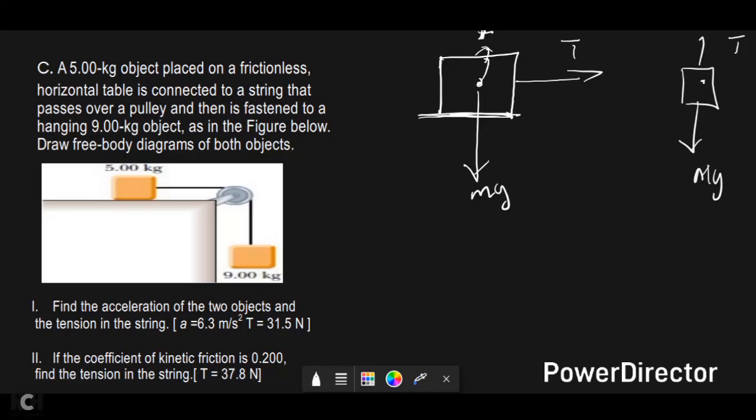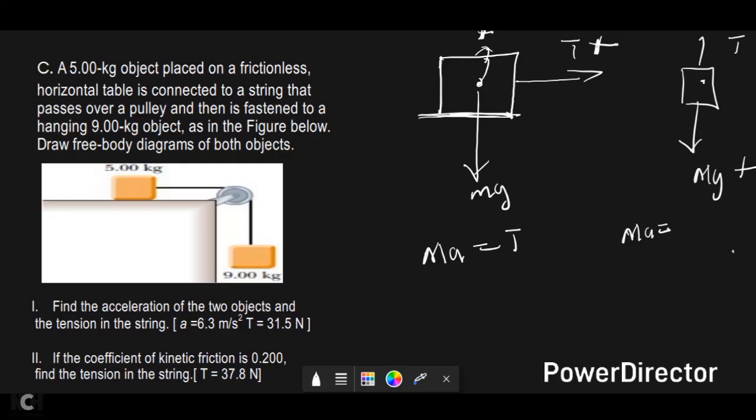So what you need to do here is say ma for the first one. How many forces? Only one force that is going in the positive direction. Remember, the direction where it is going is positive. So here it is positive T. Then for the other one, ma is equal to, where it is going is positive, and the other is subtracting, negative.